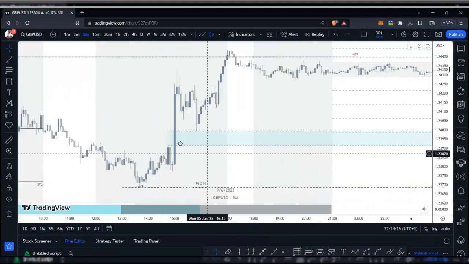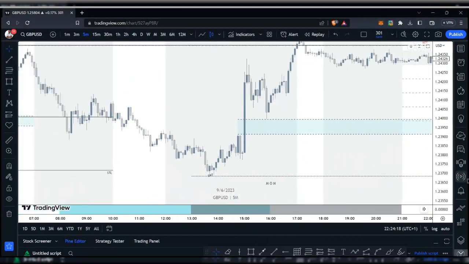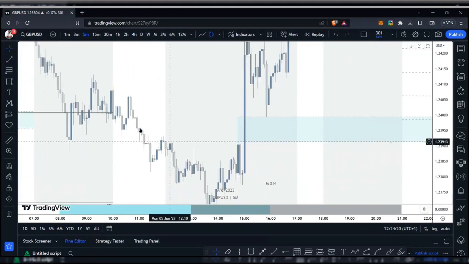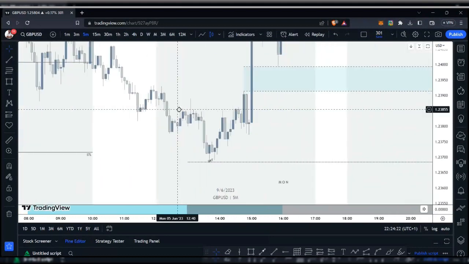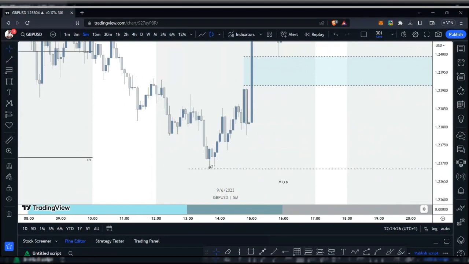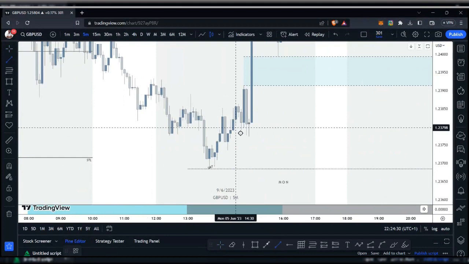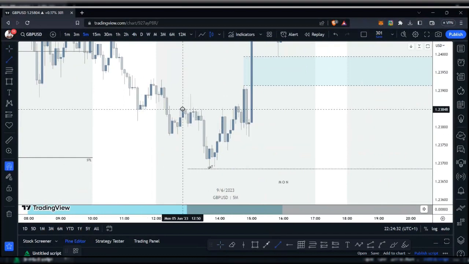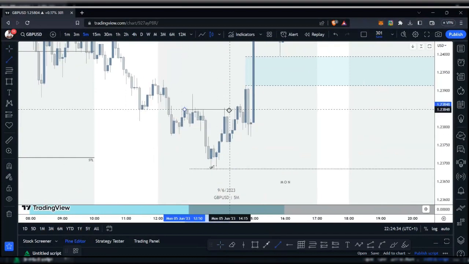And after having this break of structure here, which is where we are going to magnify to get your idea. So we had, let me move this up a bit. We had our break of structure here, right?